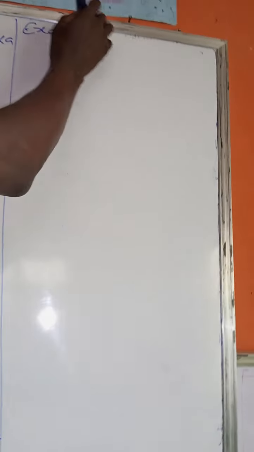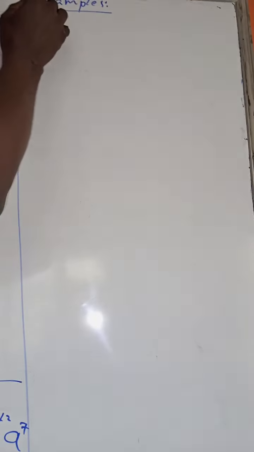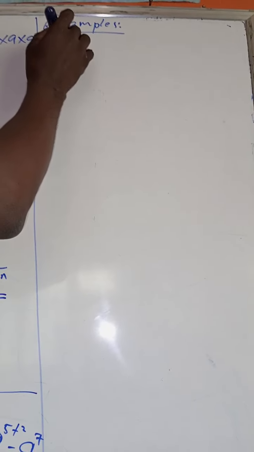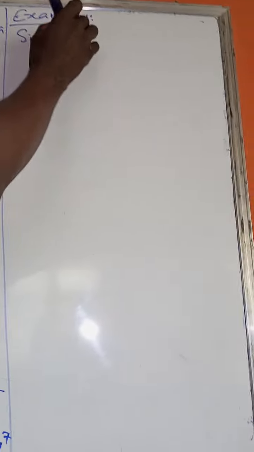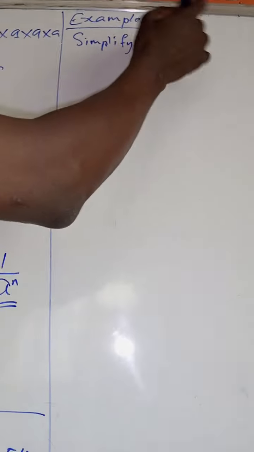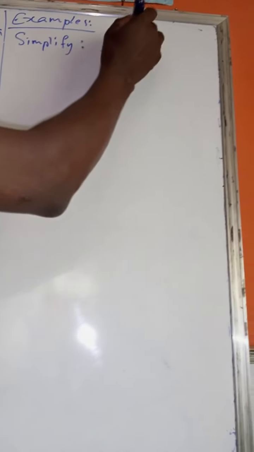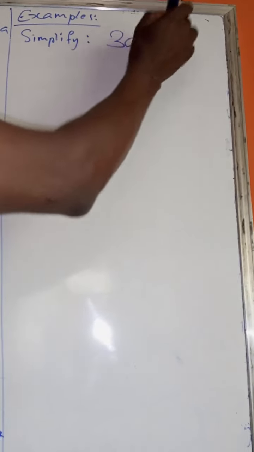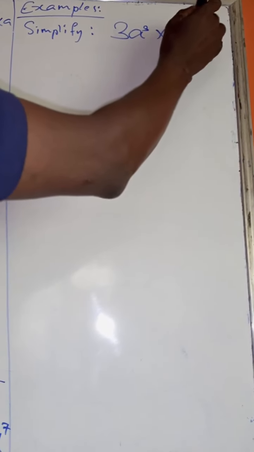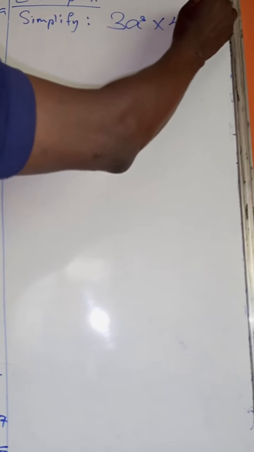Under examples. So examples could come in this way. If they ask us to simplify or solve, we have 3a raised to power 3 multiplied by 4a raised to power 4.